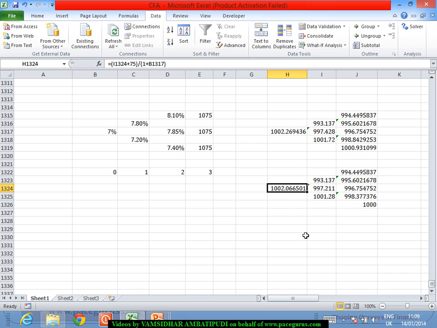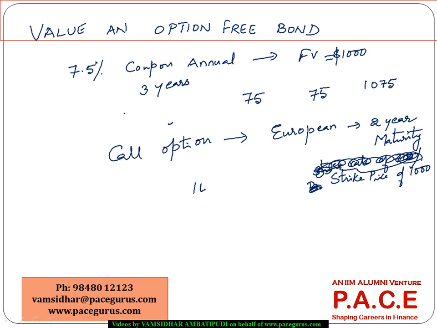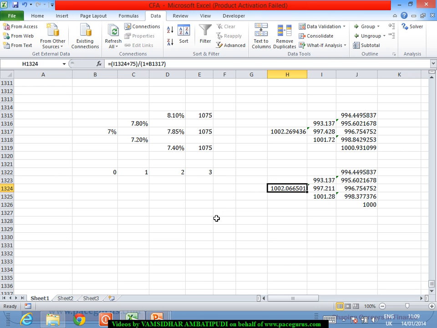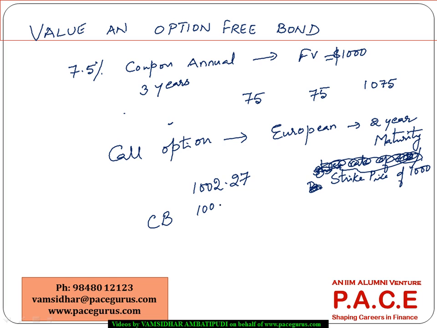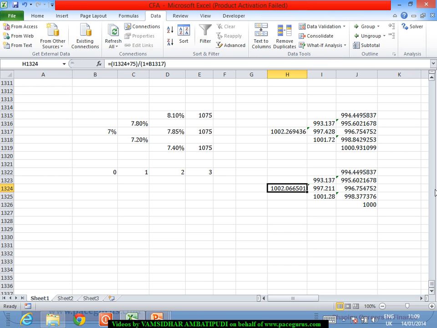An option free bond is available for 1002.27, whereas a callable bond is available for 1002.06. So the difference between these two, which is 0.21, we say is the value of the call option on this particular bond.